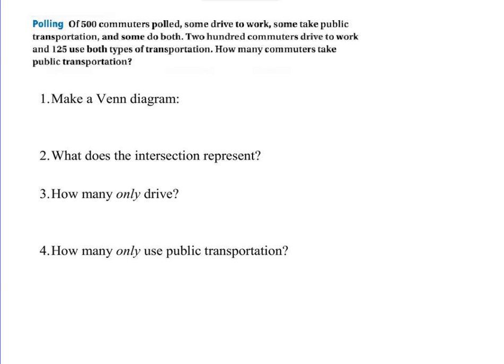You cannot answer this problem very easily without a Venn diagram. A Venn diagram makes this problem really simple. So I'll make a Venn diagram. Well, how many different things are we talking about here? We have some people driving to work, and some take public transportation, and some do both. How many circles do I need? 2. And I have to have overlap because some people do both.